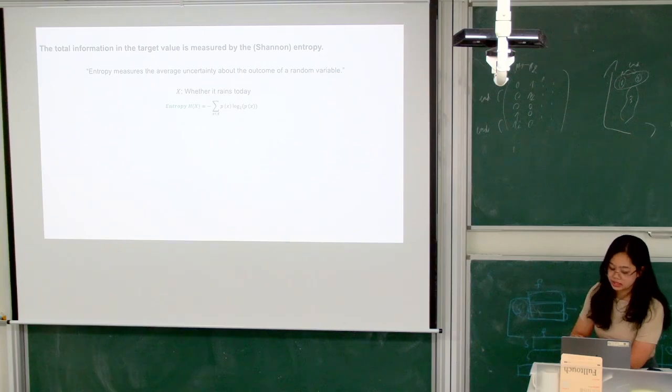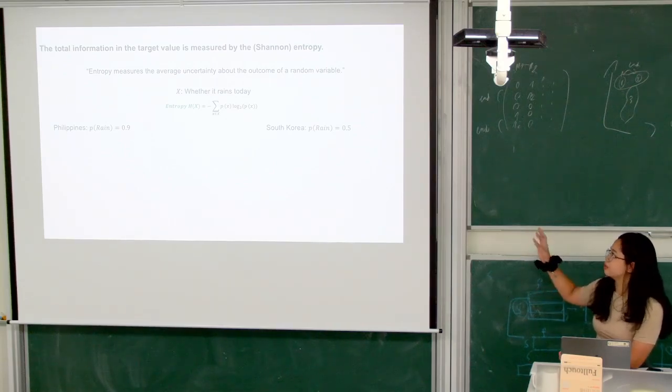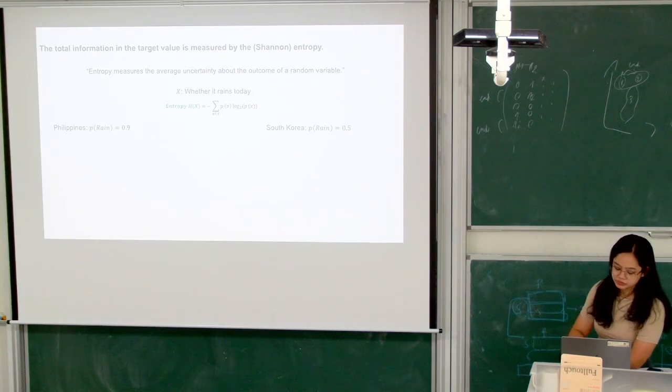Let's compare two cases. The first case is in the Philippines, and because it is monsoon season right now, the chances of rain are very high. So it rains 90% of the time. However, in Korea, sometimes it rains, sometimes it doesn't rain. So let's say that the probability is 0.5.